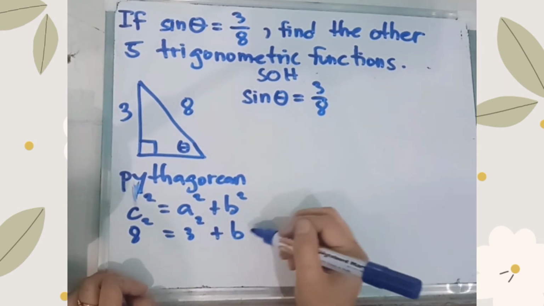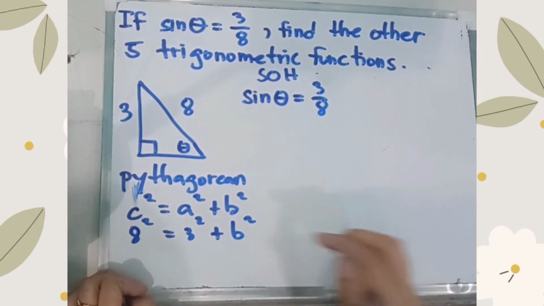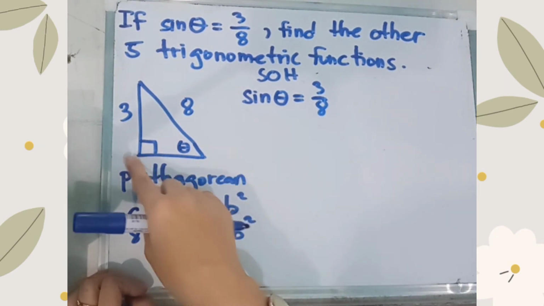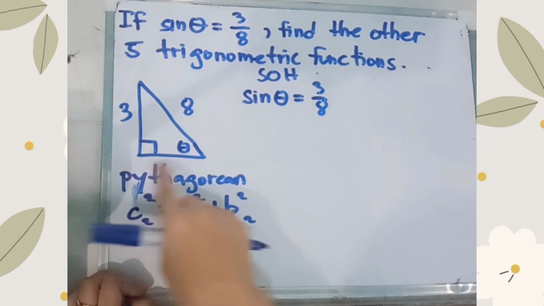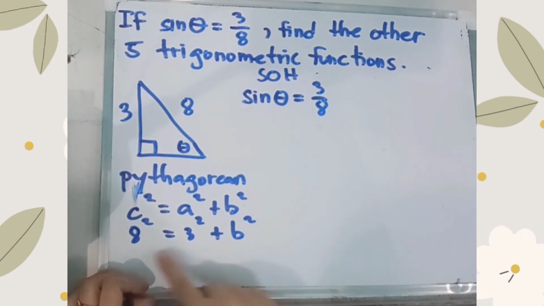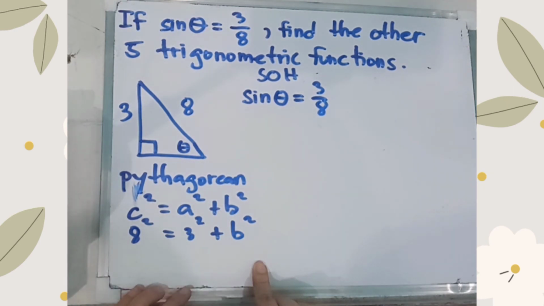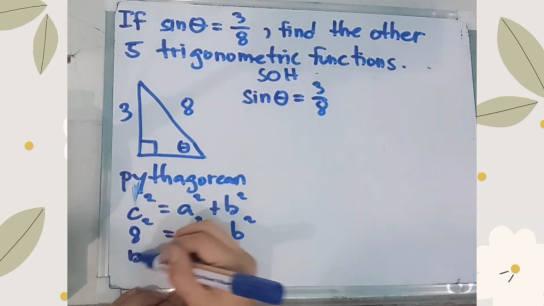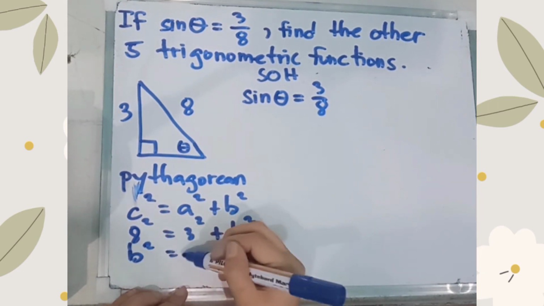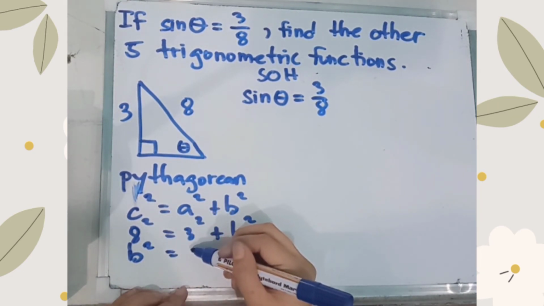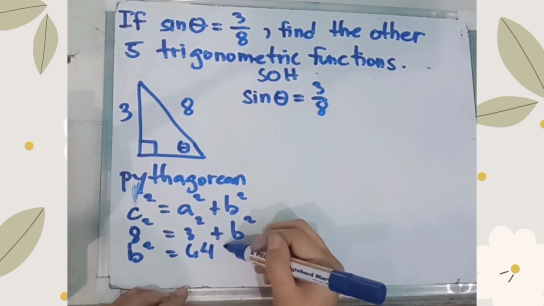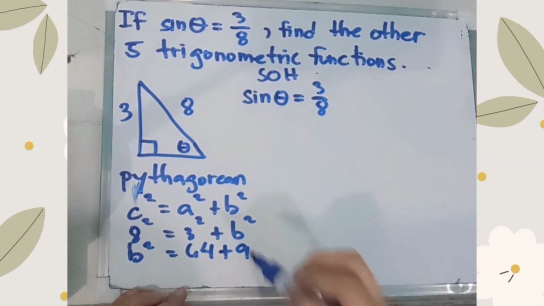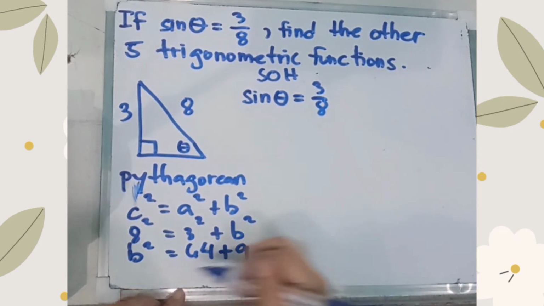In order for us to determine the measurement of the adjacent side, we need to use the Pythagorean theorem. If we solve for that, b squared equals 8 squared, which is 64, minus 3 squared, which is 9. So 64 minus 9 is 55.